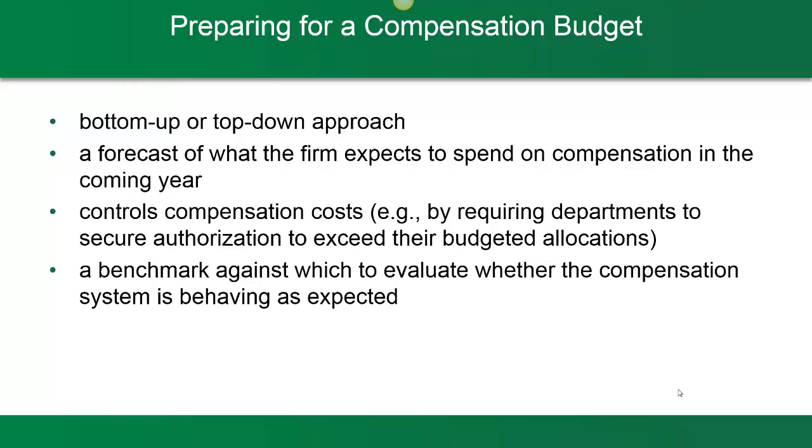So we might need to readjust or rethink how we allocated it, how we came up with it, or even the components of it, the mix of compensation might not be appropriate. So we have to think about that.